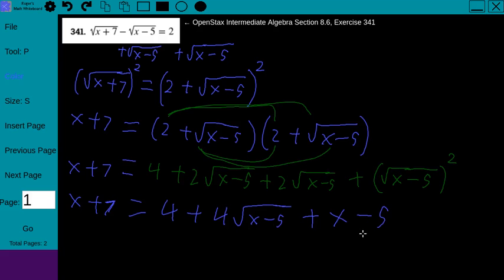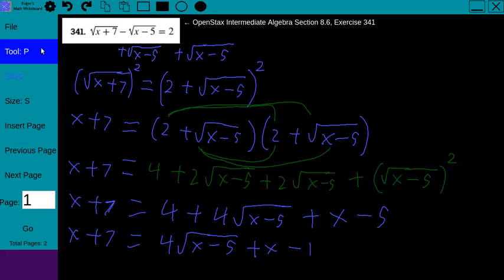I think we can. 4 minus 5, those are both on the same side, so I think we can combine those. 4 minus 5 is negative 1, so we're going to have x plus 7 equals 4 square root of x minus 5 plus x, and then instead of these two, we're going to have minus 1 here, because 4 minus 5 is just negative 1. And I'm out of room, so I'm going to have to copy this to the next page. Bear with me for a second here.